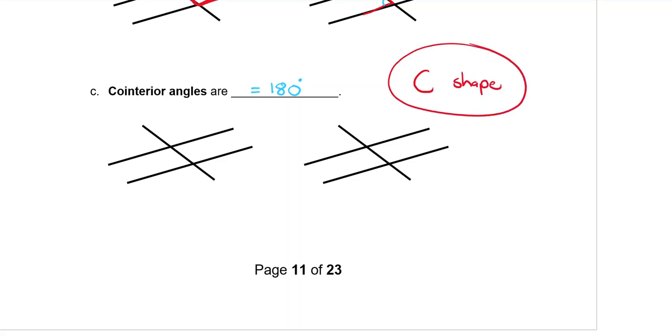So if I draw in a C in this first set of parallel lines here, it's a bit of a square C, but you get the idea that that is a C shape. The 2 angles on the inside of that one and that one, I'm giving them different symbols because they're not equal, but those 2 angles would add to give 180. The C shape can also be backwards, like this, which means that that angle and that angle would add to give 180.